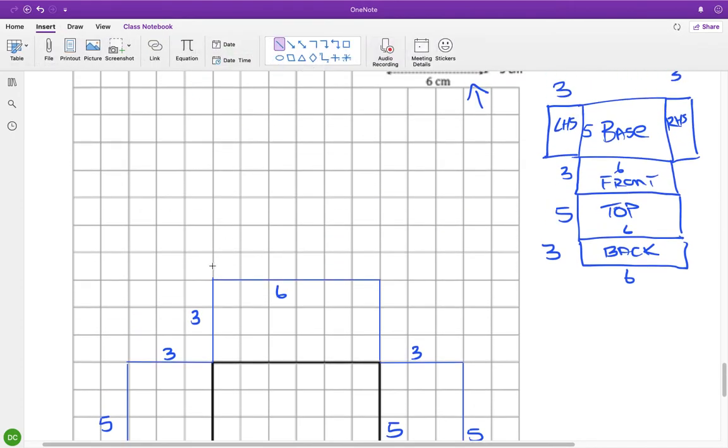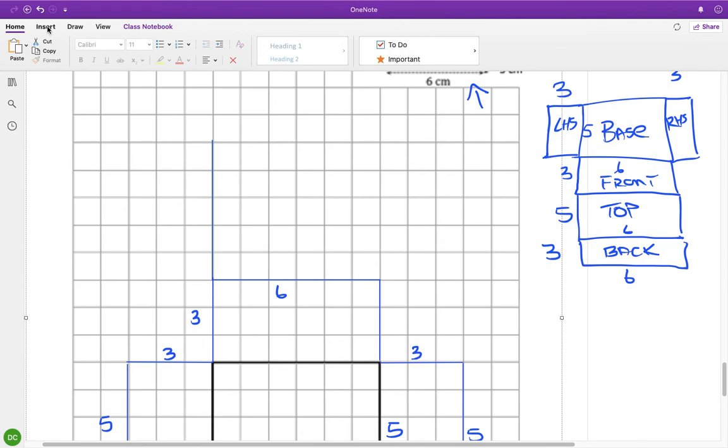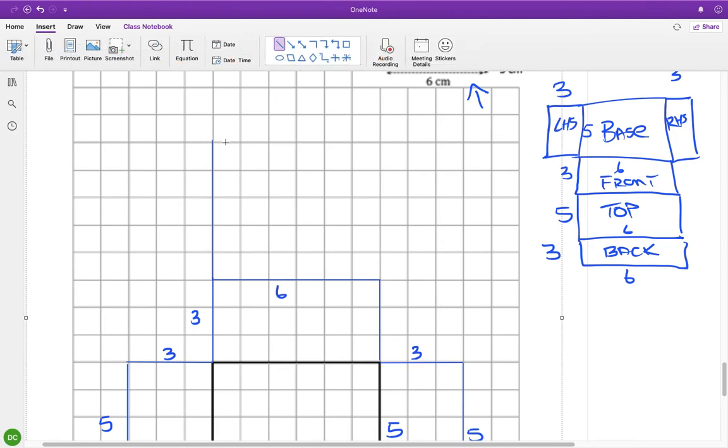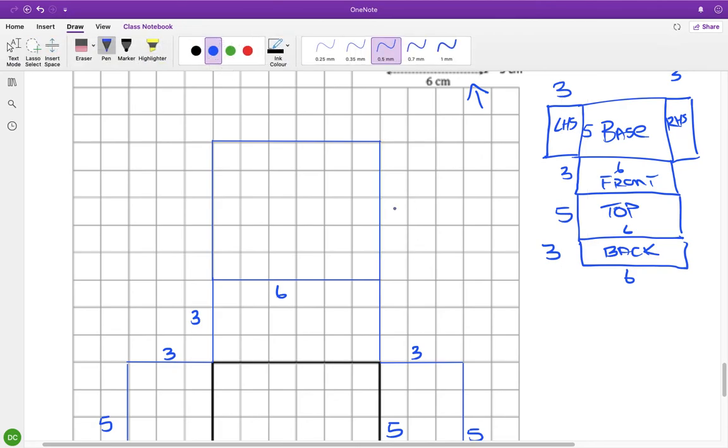So insert line, go up 1, 2, 3, 4. There's 5. Insert line, go across 6. Insert a line, go down 5. Draw. So that's 5 and 6.